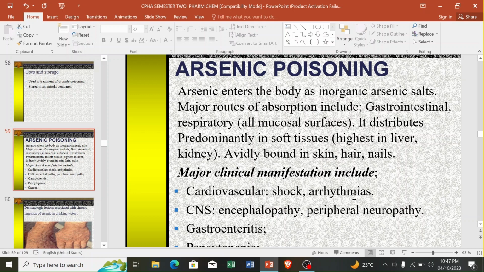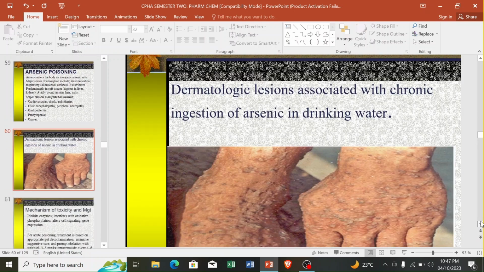That is a condition called cardiac arrhythmia. However, in the CNS, that is the central nervous system, we expect encephalopathy and then peripheral neuropathy. And then for the GIT, we expect what we call gastroenteritis.